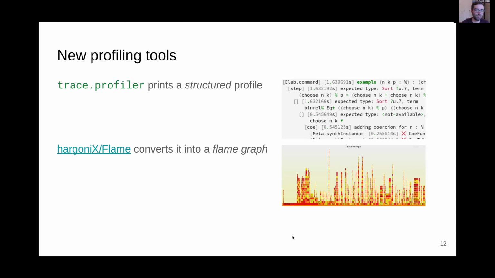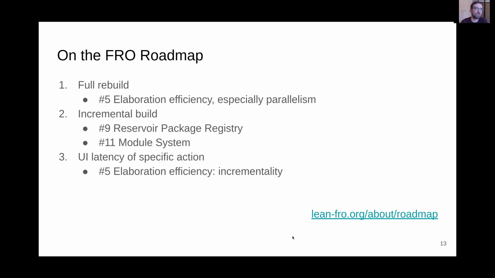Right. So talking about future work, as I said, we're absolutely interested in these topics. And indeed, if you look at our roadmap of the Pro, you will find many items on it related to efficiency. So if we start with, what do we want to do to make full rebuilds faster?